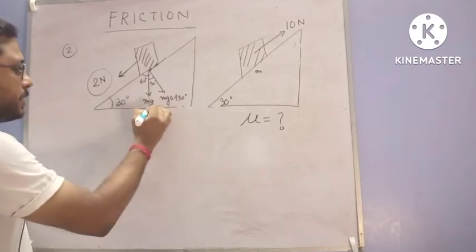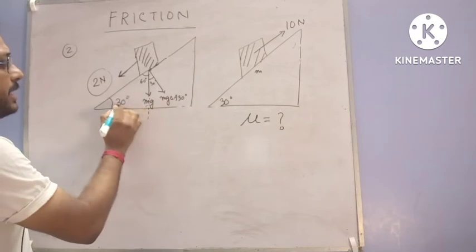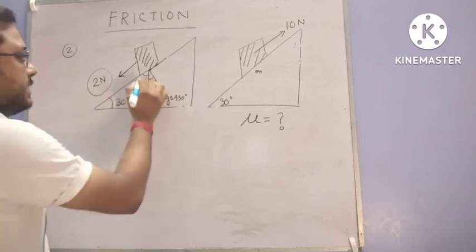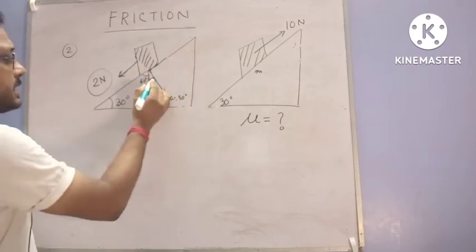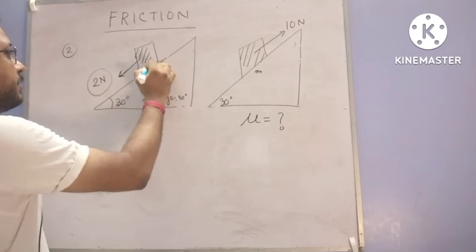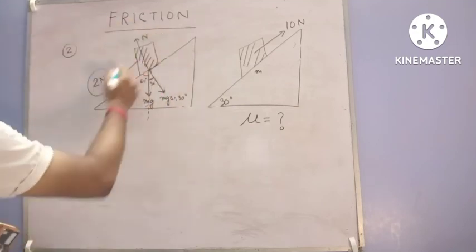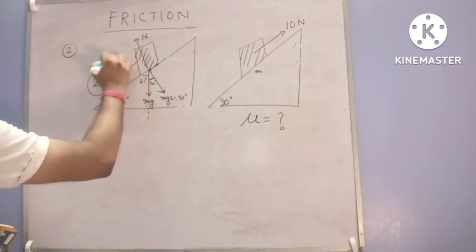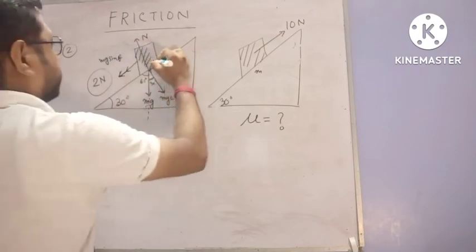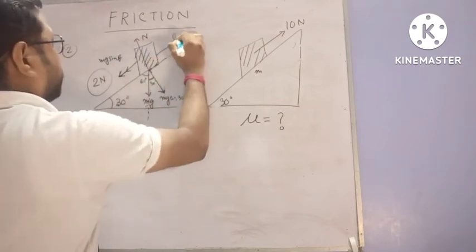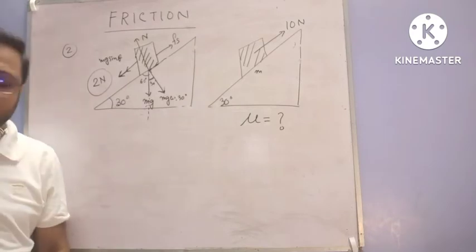If we draw this, this angle is 90 degrees, then 90, 30, 120, this will be 60 degrees, and mg cos theta is perpendicular to the plane. The force which balances it is the normal force N. In this direction the force is mg sin theta, and of course the friction Fs acts in the opposite direction. This is the free body diagram of situation 1.